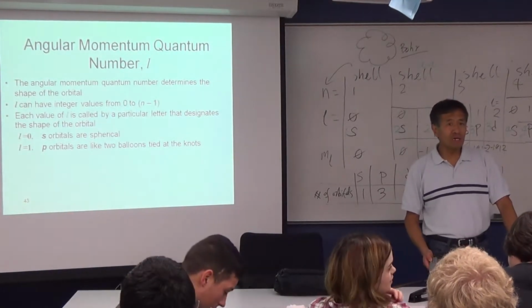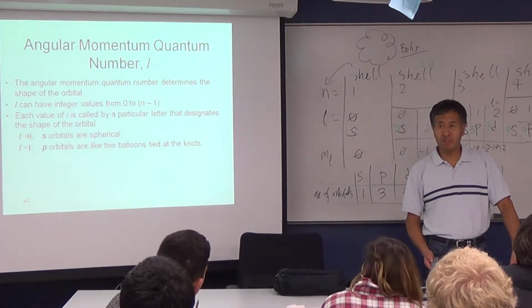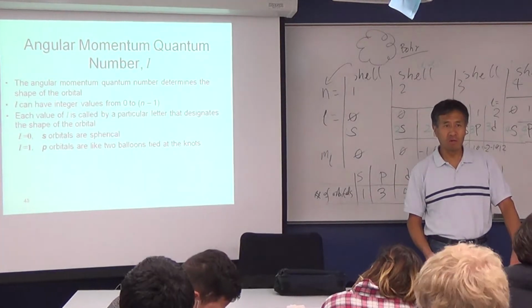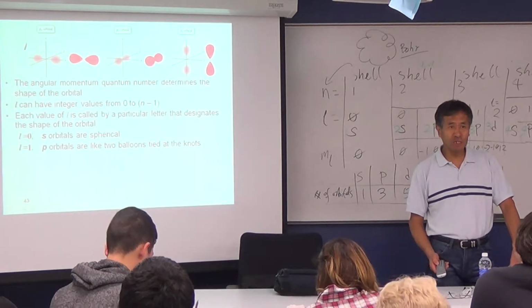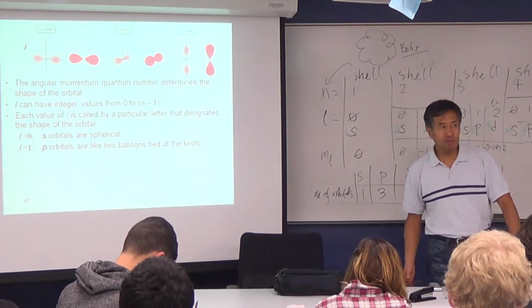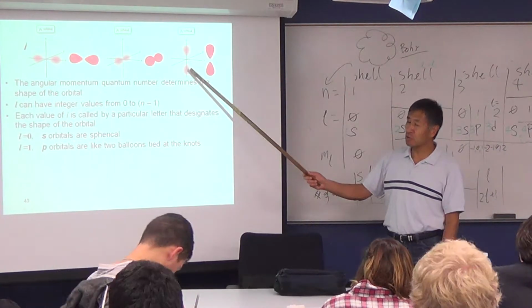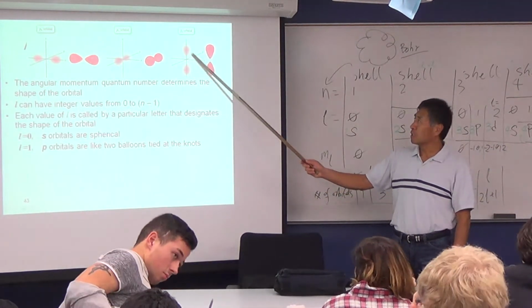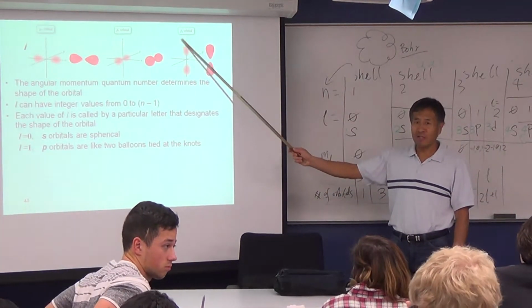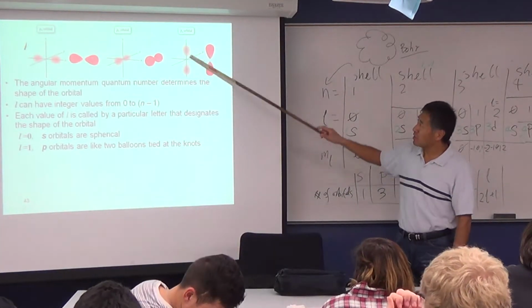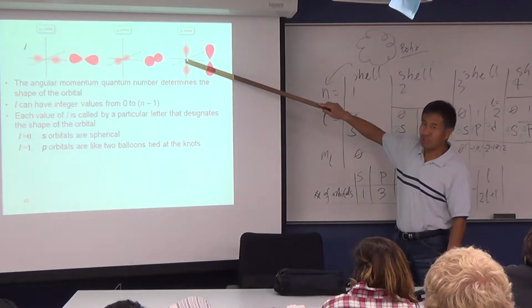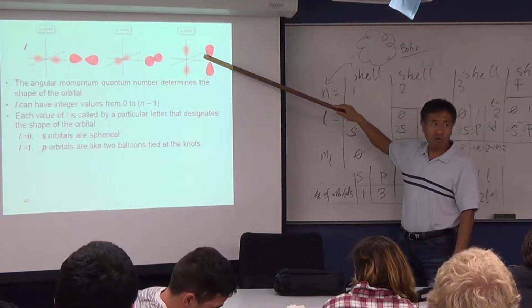So you remember l equals 1 is p. The shapes of p are those orbitals. This picture is a better picture because I show you in both ways. So this is really reality. You see the dots? There are more dots near the axis, gradually smearing out.